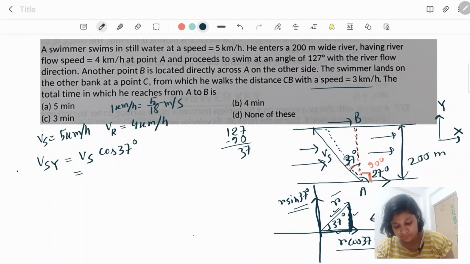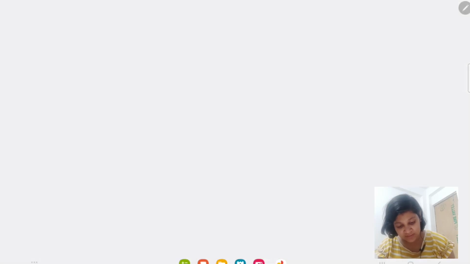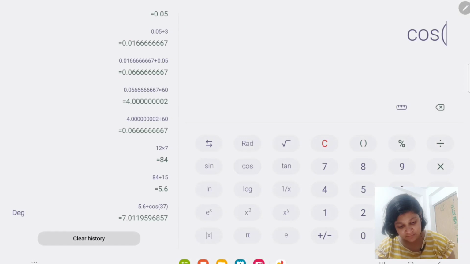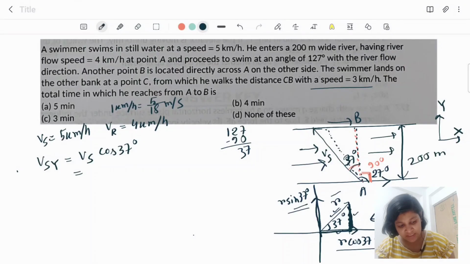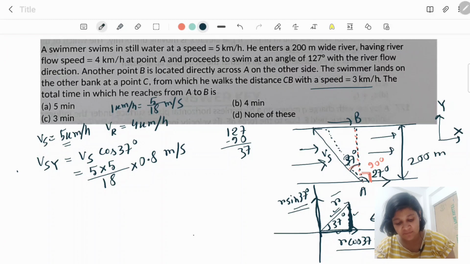Now cos 37 is almost 0.8, and Vs is given as 5 km per hour. If we multiply 5 by 5/18, we get it in meters per second. Multiply it by 0.8. This is the velocity of the swimmer along the y direction.